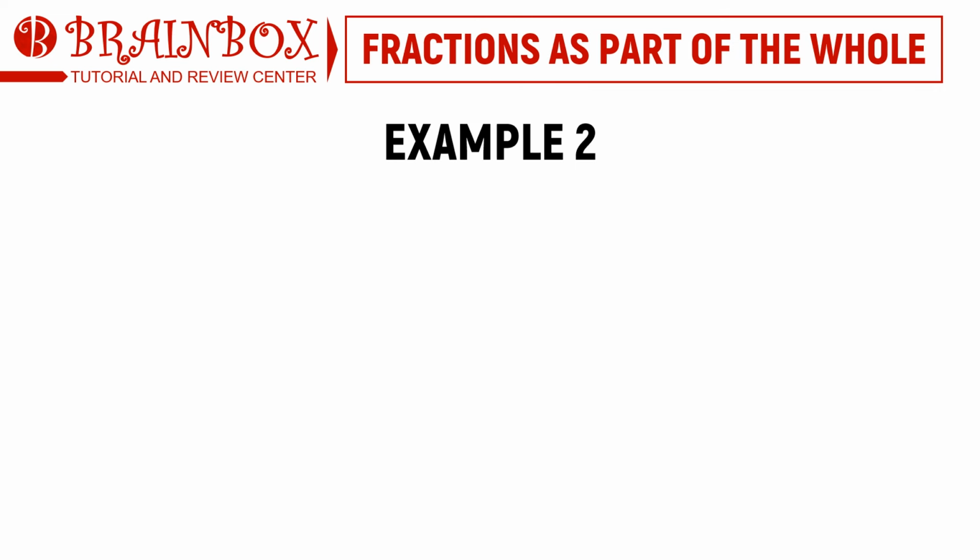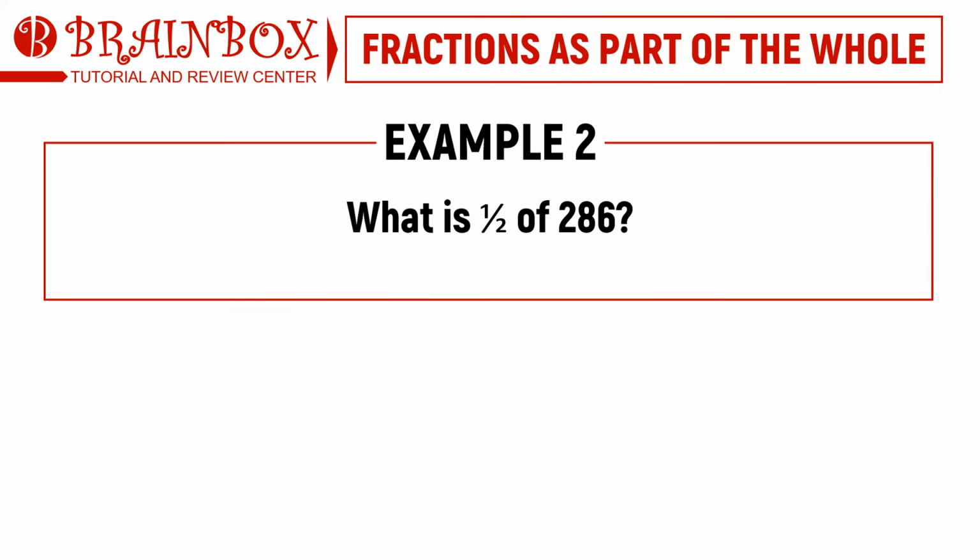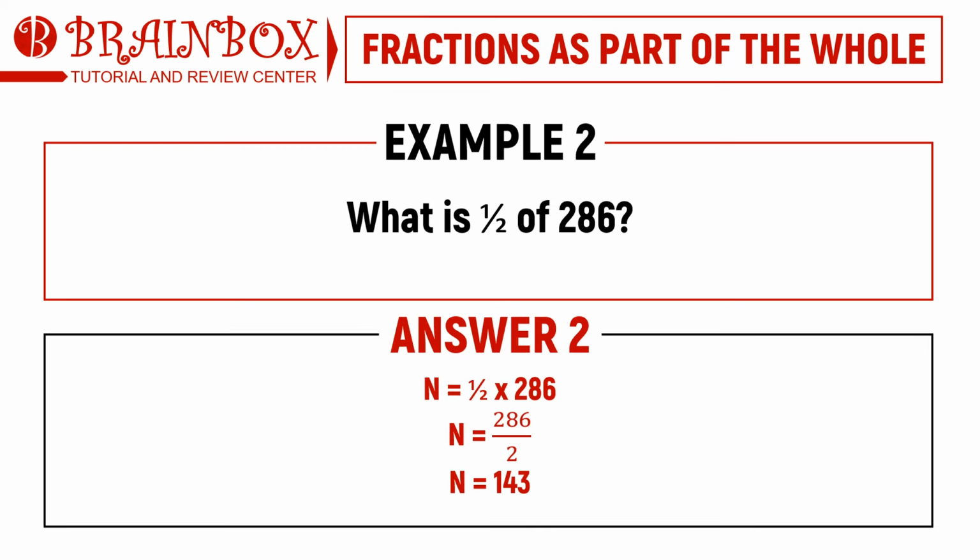Let us look at this next example. Same as the previous example, we will translate this into a mathematical equation. Again, what is the part that we are looking for? So this is unknown and we'll assign it as n, while is implies an equal sign. We copy the fractional part which is 1/2 as well as the whole which is 286.